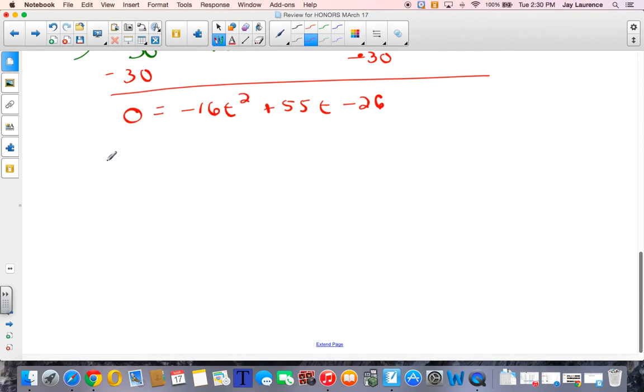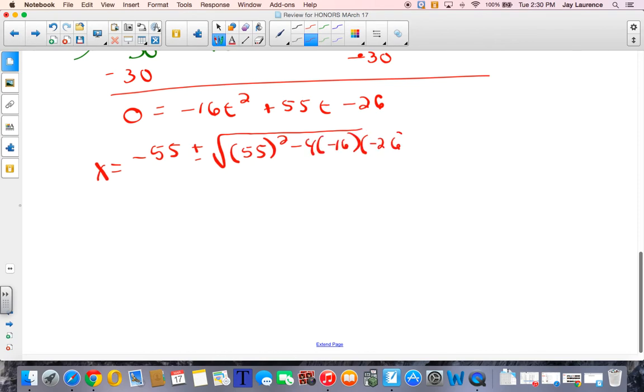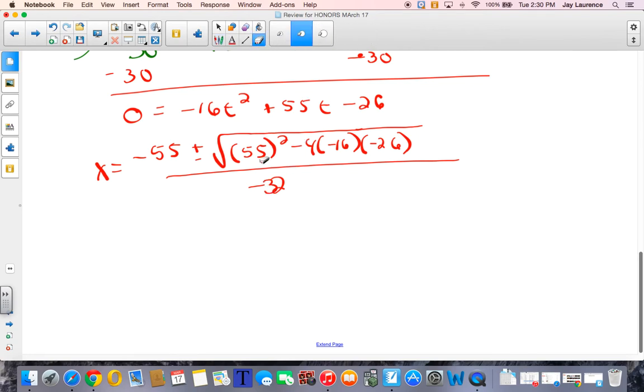And I don't care about the negative one. So x is going to equal the negative of b plus or minus the square root of 55 squared minus 4ac, all over 2a.